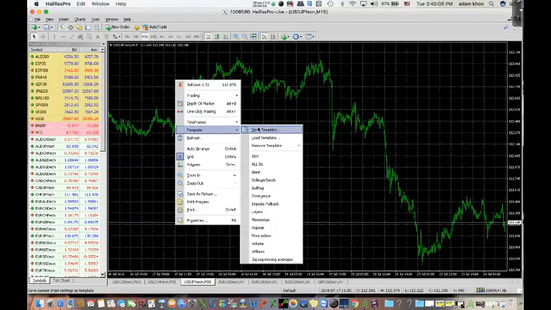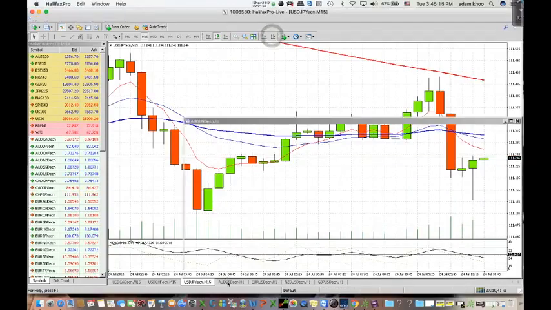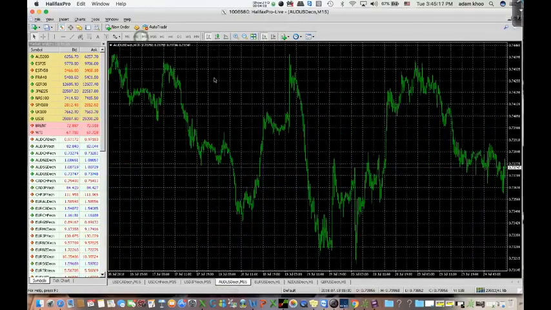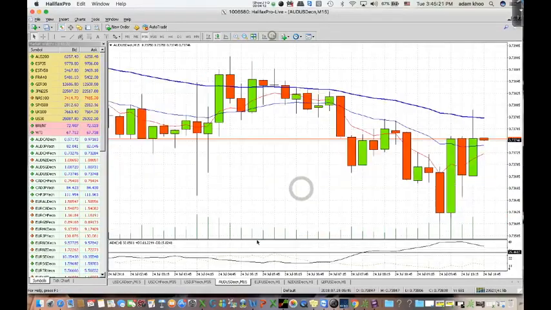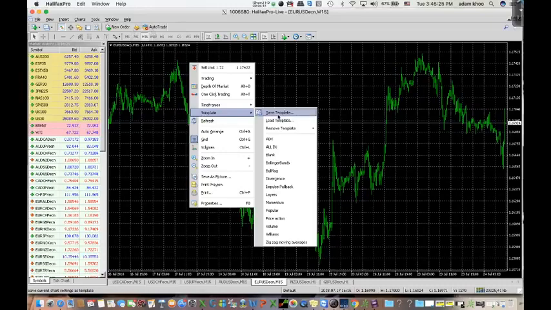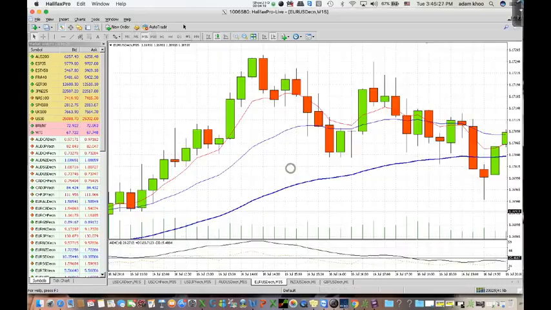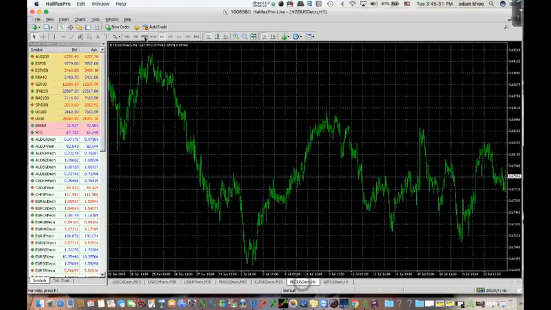I tend to trade the 15-minute time frame, so I set them all to 15 minutes. My primary strategy is the bull flag. I'm trading what I call the bull flag surfing off the moving averages, so I'm going to select bull flag. Again, I'm standardizing everything to 15-minute candles and using my bull flag setup.